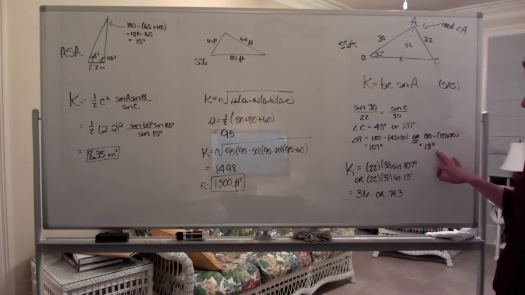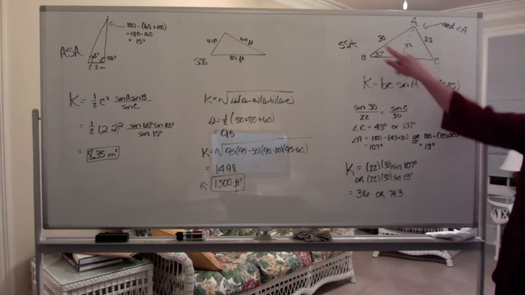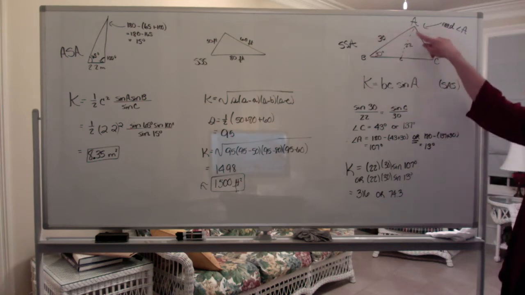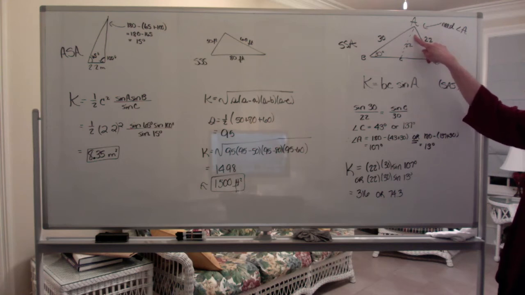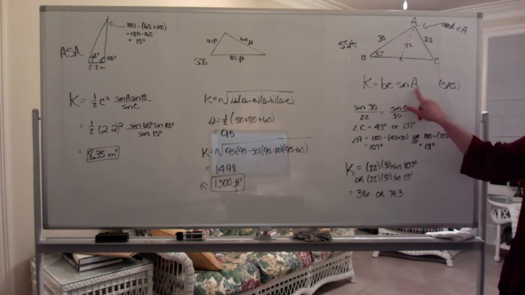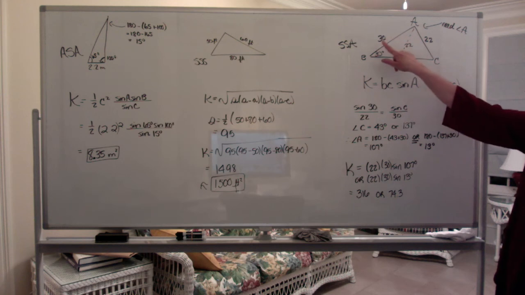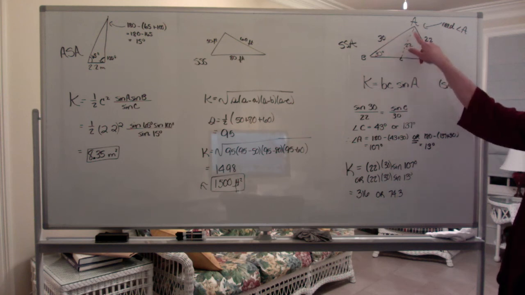Now, what does that mean? That means when I use my formula, I now have side, angle, side, but A has 2 options. A could be 107 or 13. So I'm going to go ahead and use my formula, one half BC sine A. And I have my B and my C, 22 and 30, and I have the included angle.